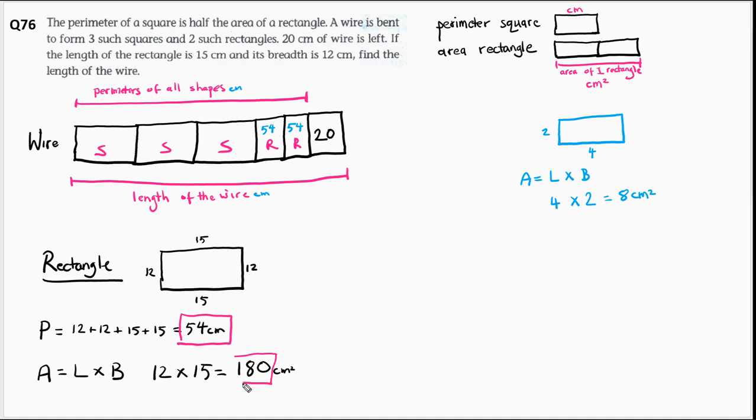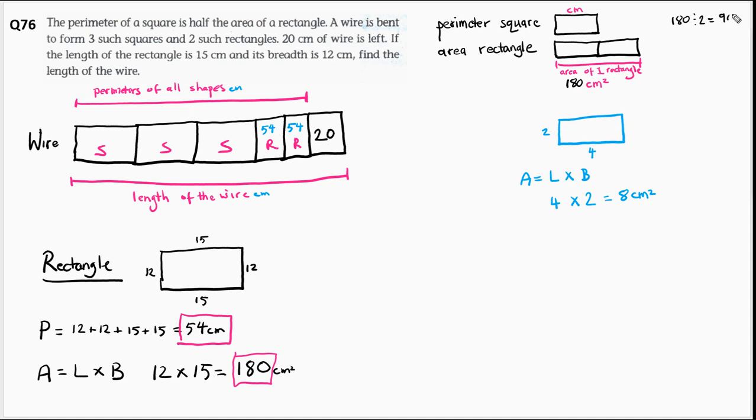So this is important. Where are we going to put this value? So we can then go up here and we can see that this is the area. These two blocks together are the area of one rectangle, which is 180. And if we divide 180 by 2, we are going to get the value of each of these equal parts.